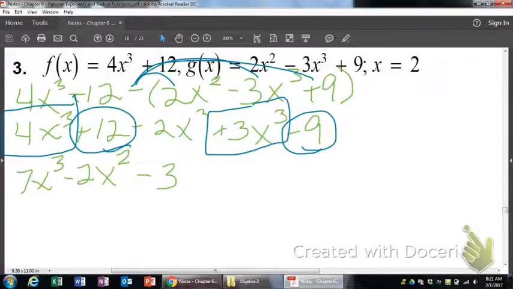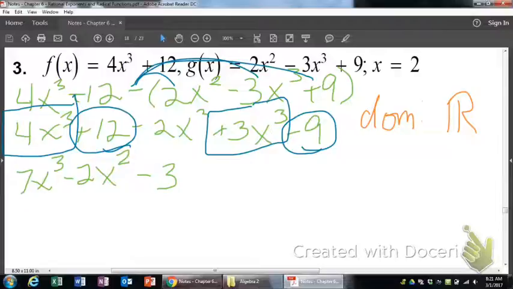So that's my final equation for f of x minus g of x. I'm going to go ahead and get the domain. It's still a cubic function, so the domain is going to be all real numbers. As we just discussed, all real numbers is the same as saying negative to positive infinity.